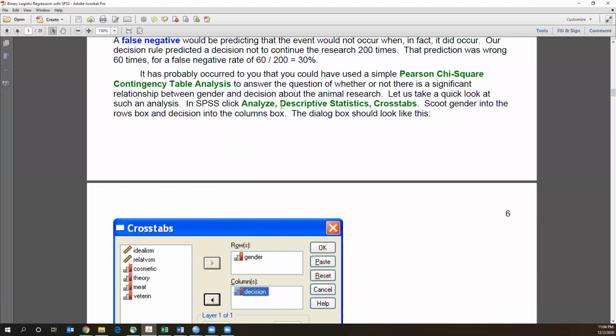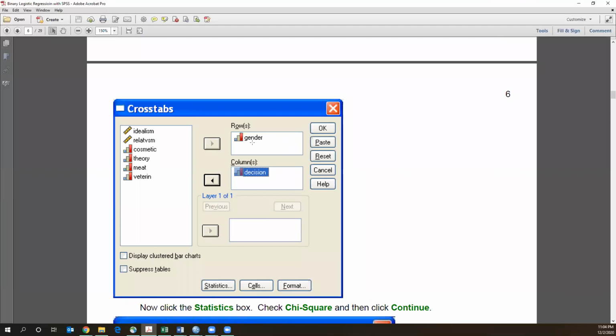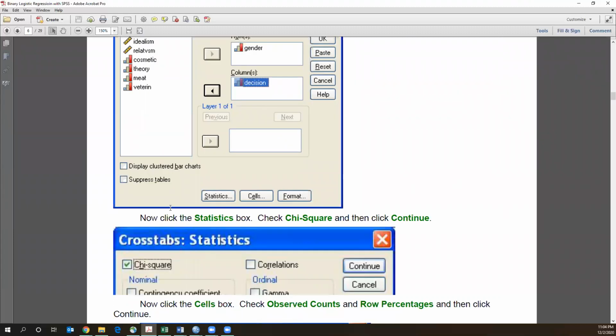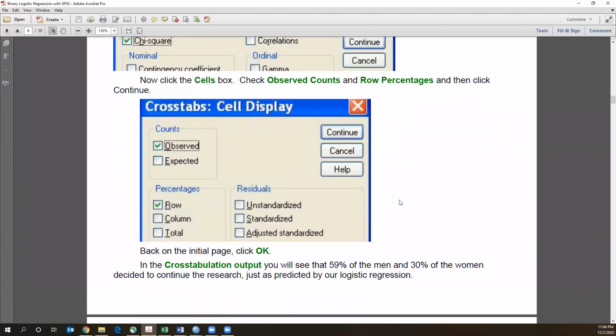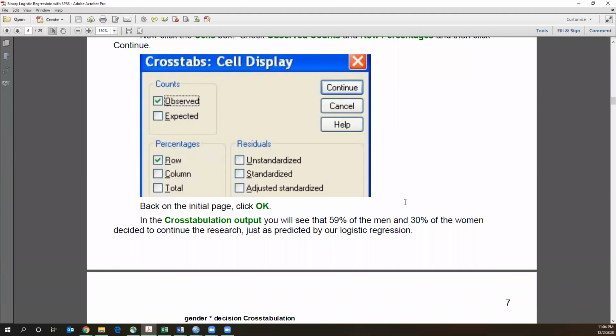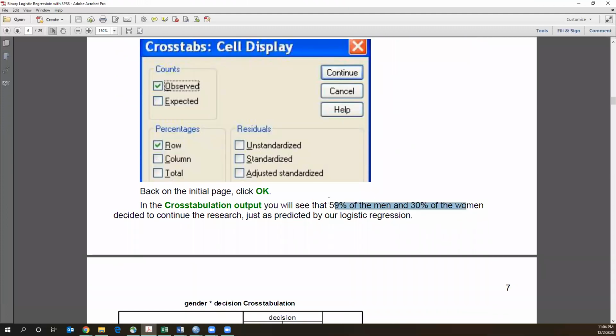So now we are going to go to SPSS. You're going to analyze descriptive crosstabs, and you're going to put these in here. And you're going to click on your stats and go to chi-square and observe counts and rows. So you can do that in SPSS. We're going to get our output, and it's going to show us exactly what we just calculated using the odds equation.